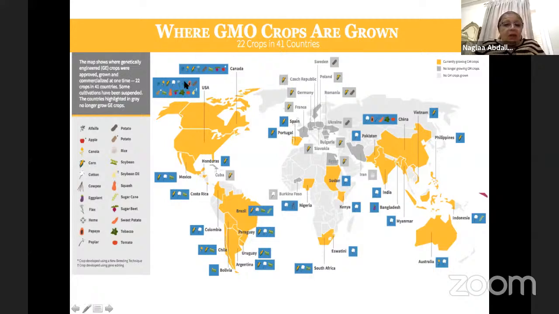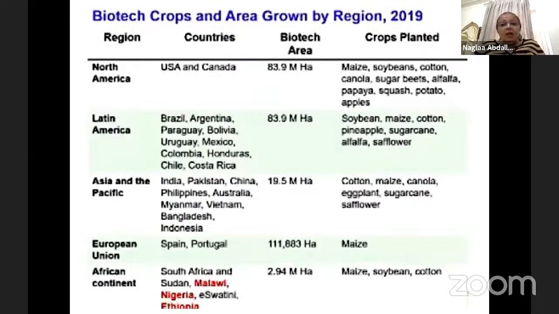So here we can see the different crops that are cultivated in each country. We can see that there is a huge number, about 22 crops, already used for commercialization and cultivation in the open field. So in 2019, I'm sorry, this is old data because I don't have the new one yet.